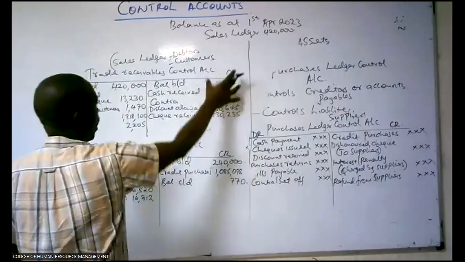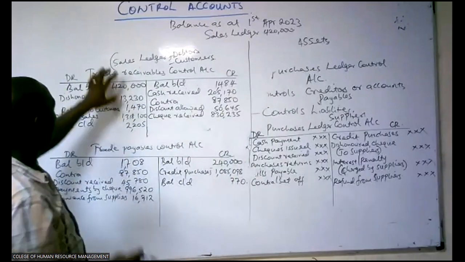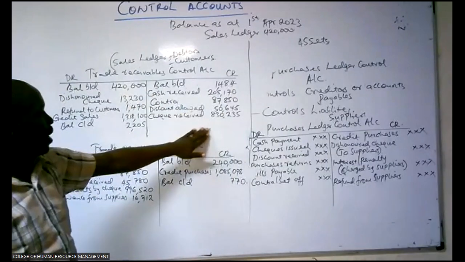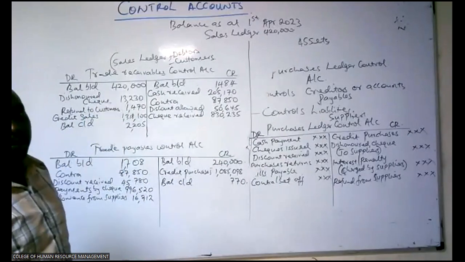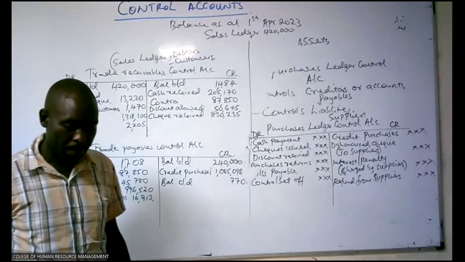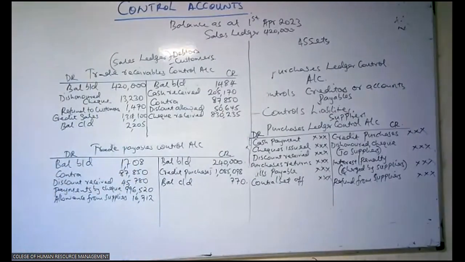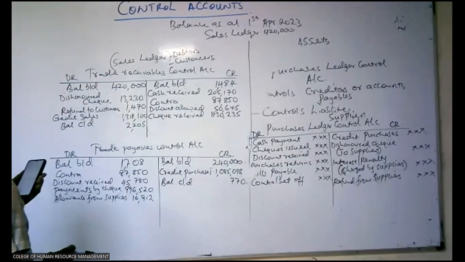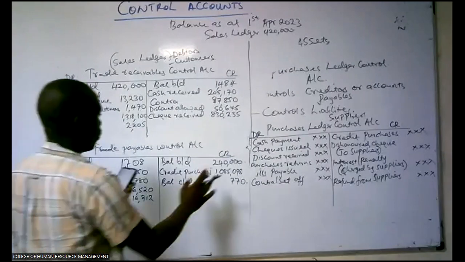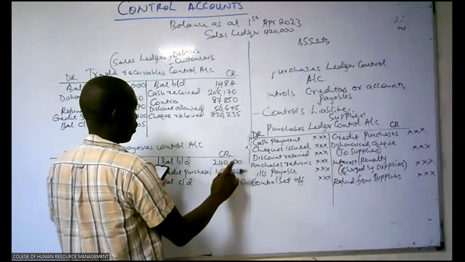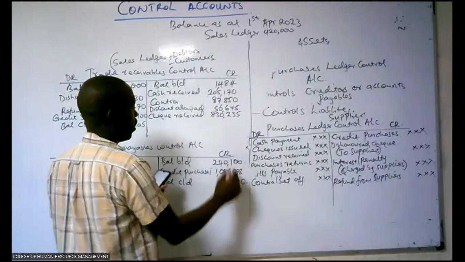What you do, add this for the trade receivables, either balance or... Mwalimu, yes. In the trade payables control account, the balance brought down was 240,100, not 240,000. Okay, 241,100.